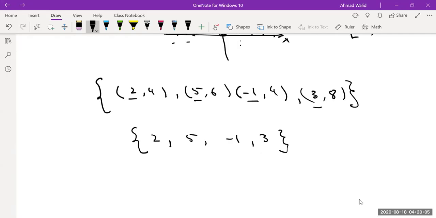If you have a repeating x, that doesn't represent a function. If you don't have a repeating x, you see x is not repeating. It's not the way you have 2 here and again 2. There is no repeating x. When there is no repeating x, then this relation represents a function.